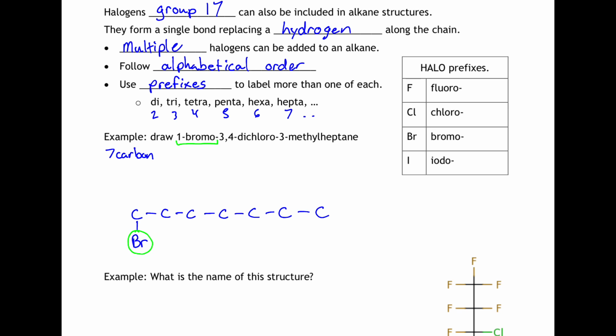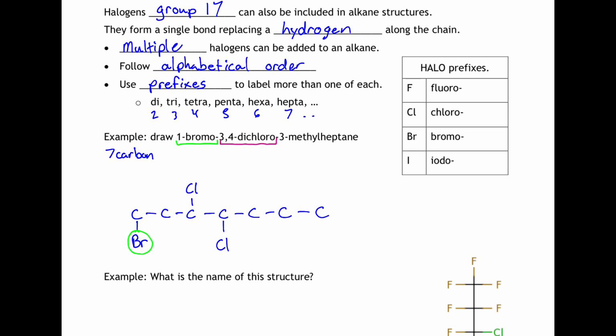Okay. The next one is a 3,4-dichloro chunk. So that's 2 chlorines on carbons 3 and 4. So we get a chlorine here and a chlorine here. I don't know why I put them on opposite sides. It doesn't actually matter.